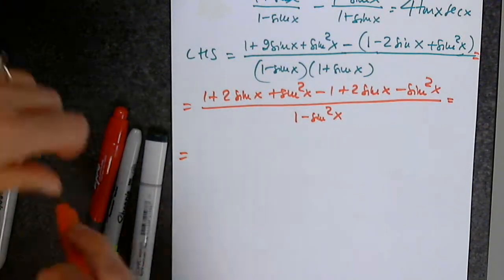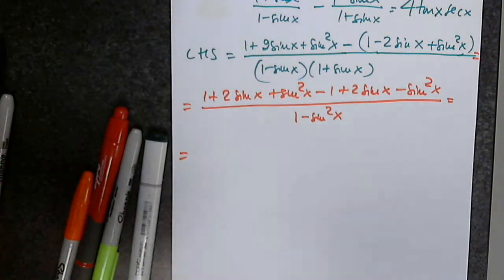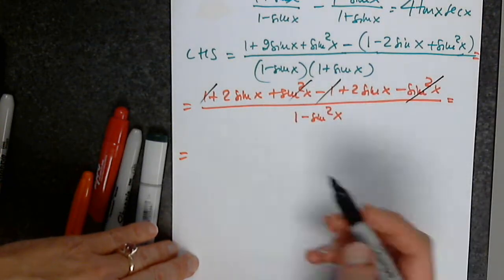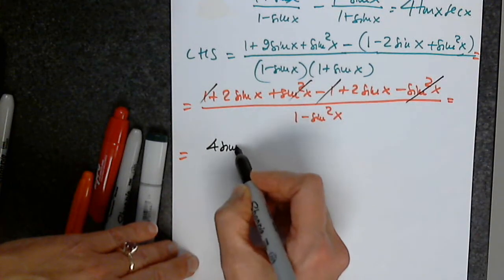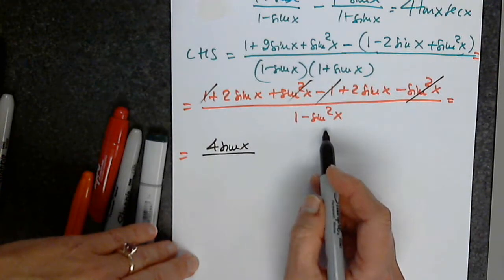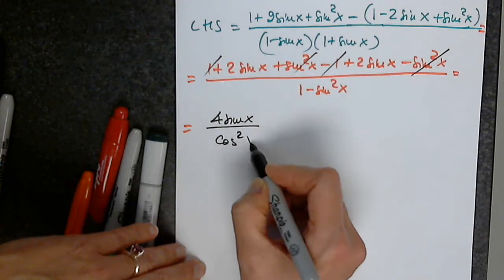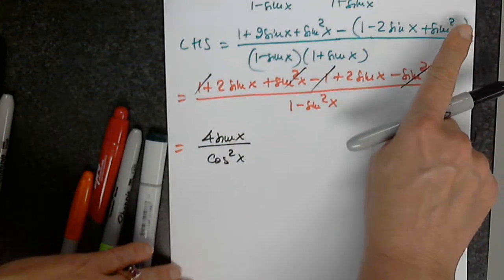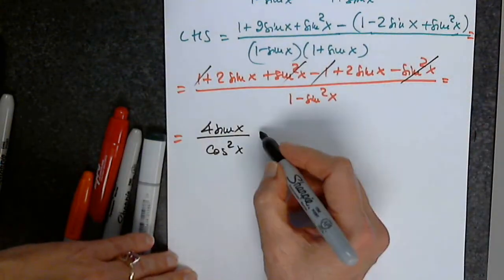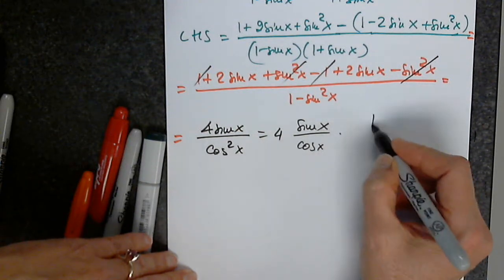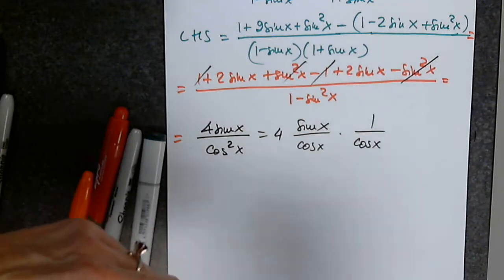And now I see at the top positive 1 with negative 1, sine squared with negative sine squared, and that's how I get the 4 sine x. Over what? What is 1 minus sine squared? Yes. And I look here and I know where I'm headed. So this is 4, this is sine x over cosine x times 1 over cosine x.